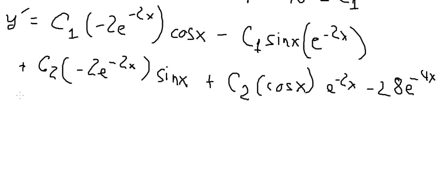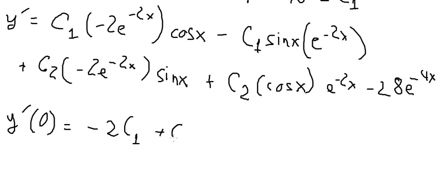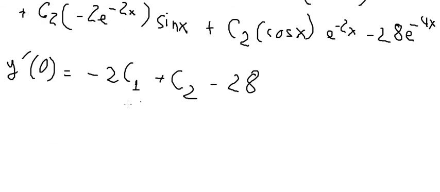After that, we put 0 here. This one you get negative 2 c1. This one you get 0. This one you get 0. This one you get c2 minus 28. So this one we have 1.